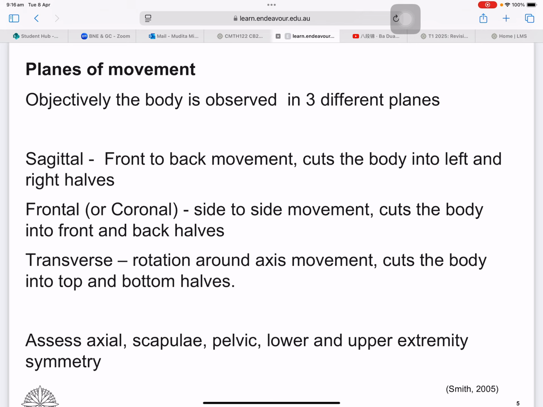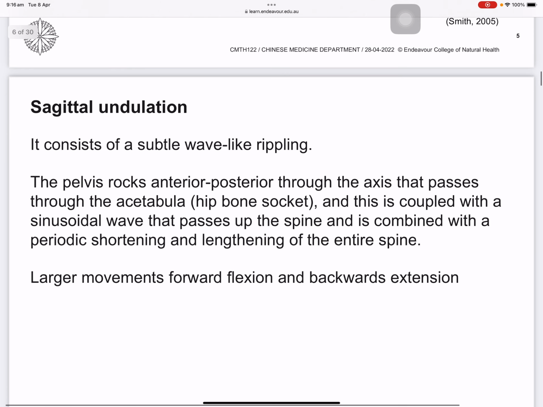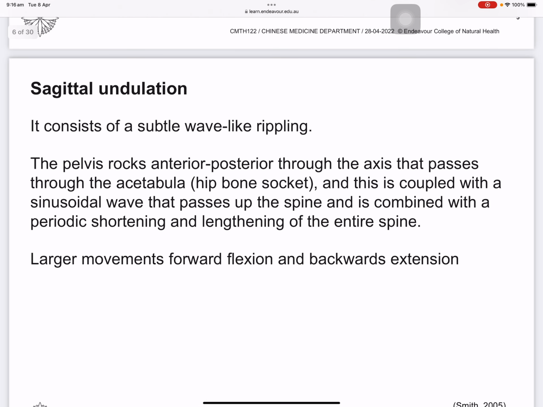They call it 3D planes, something like that. And sagittal visualization is just to let you know: all the movement when you turn to the front or turn to the back is all about the sagittal plane. It's just like a concept.